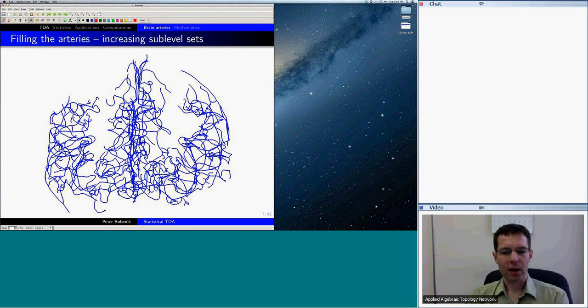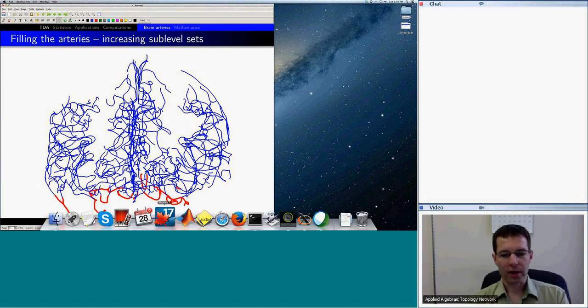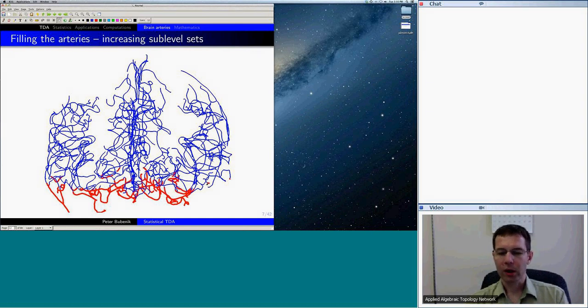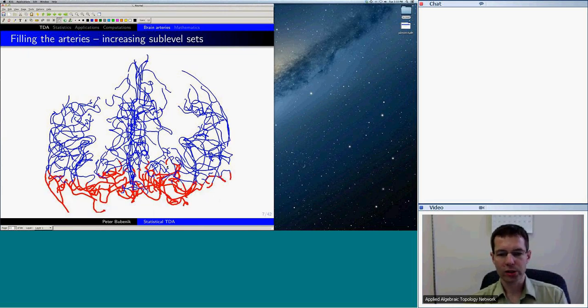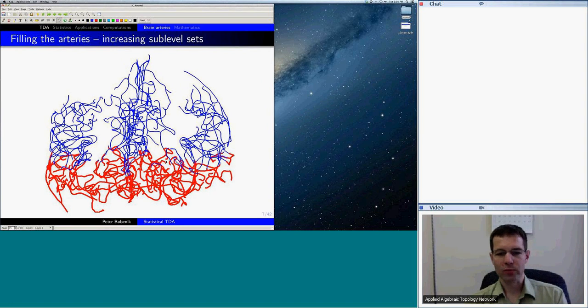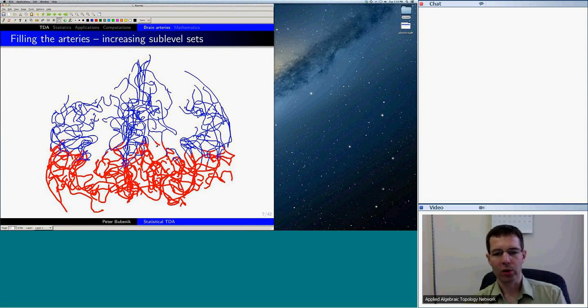So what does that look like? Well, here's one of our brains. Let's start filling up the arteries with blood from the top. And we notice when we do this, as we move up from the bottom, certain components are born, and they merge, and as we go up, more components are born and they merge.